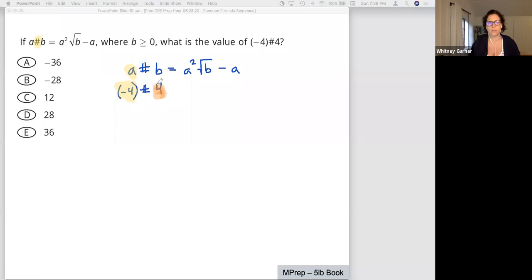And whatever comes to the right of the symbol is going to replace all the B's. So I'll stack them up and go, okay, everywhere I used to see an A, I want to see a -4. So minus a -4. And everywhere I used to see a B, I want to see a 4.